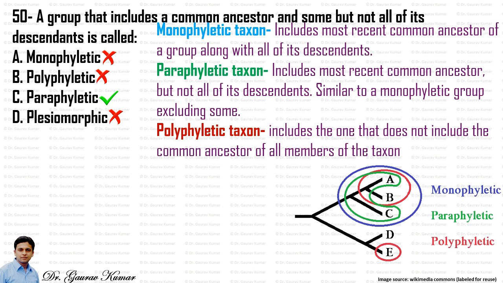A monophyletic taxon includes the most recent common ancestor of a group along with all of its descendants. A paraphyletic taxon includes the most recent common ancestor but not all of its descendants, similar to a monophyletic group excluding some. A polyphyletic taxon is one that does not include the common ancestor of all members of the taxon.